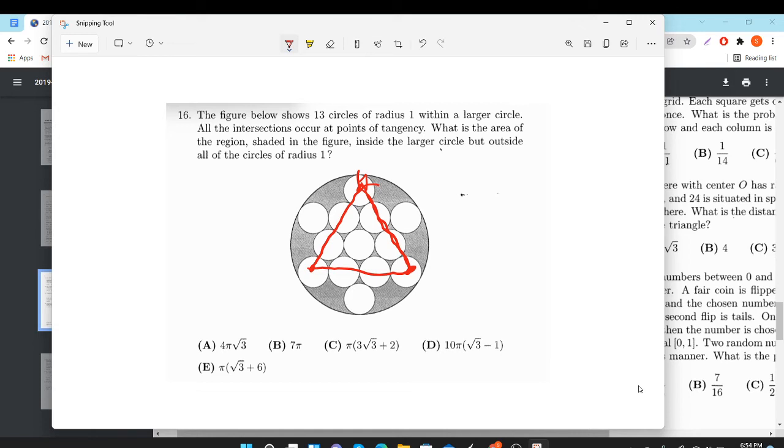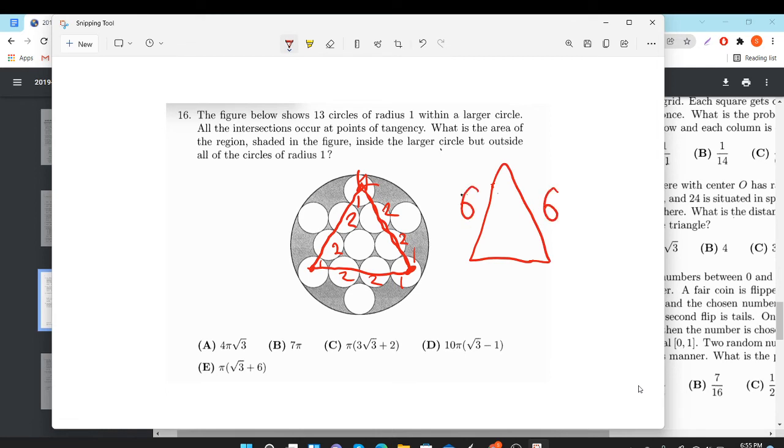Now we can find the side length since we know the radius of each circle. This has radius 1, diameter 2, then another 2, and another 2. So 2 plus 2 is 4, 5, 6. So it's an equilateral triangle with side lengths being 6.